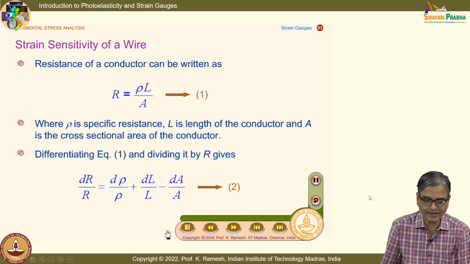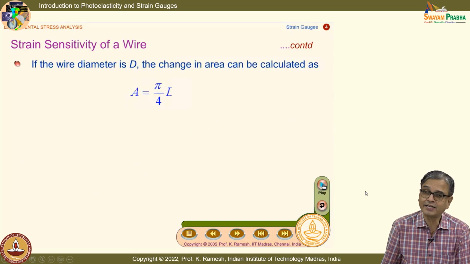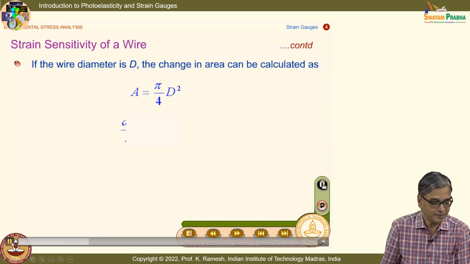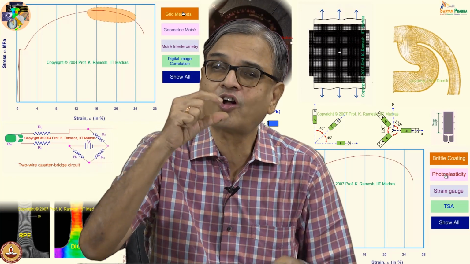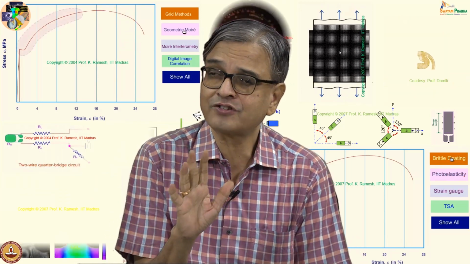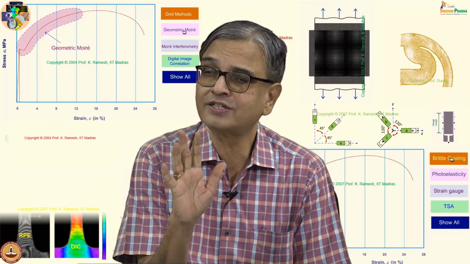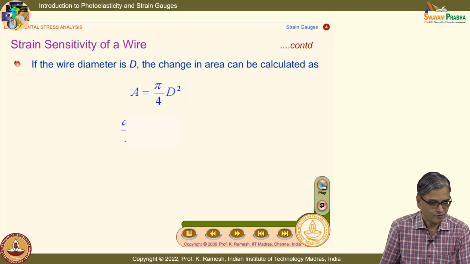Now, we will simplify it, and we will also talk about what we looked at in the simple rubber experiment. When I stretched the rubber, there was a contraction in the lateral direction. This happens at a fixed ratio, and that ratio is credited to Poisson. We will use that.